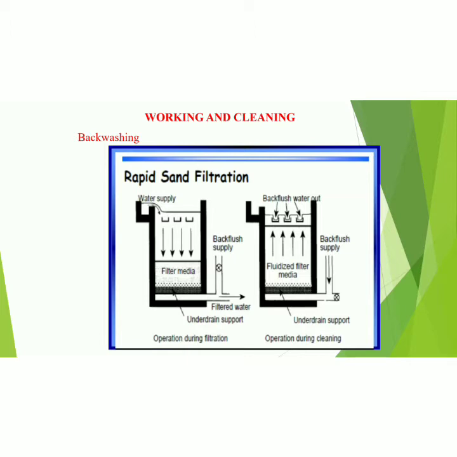The difference in both diagrams is the arrow marks. In the first diagram, water is supplied from the top and moves downwards through the filter media, and then goes out as filtered water, and the under drain support is also there. Whereas in the second diagram, the operation during cleaning, all the arrow marks are reversed.